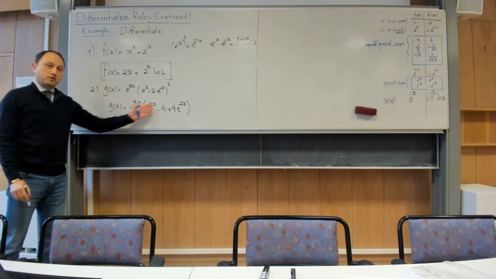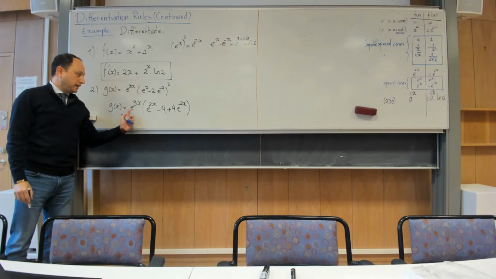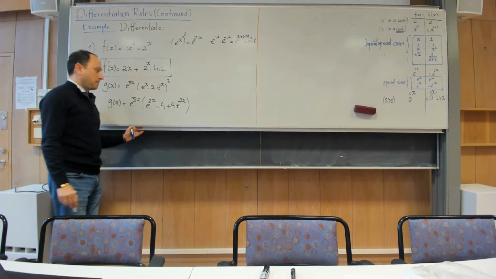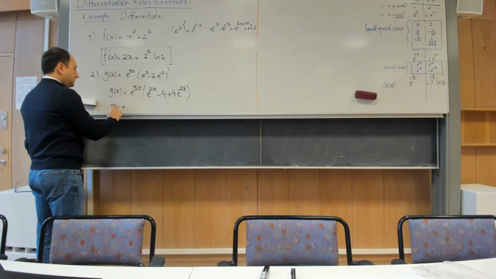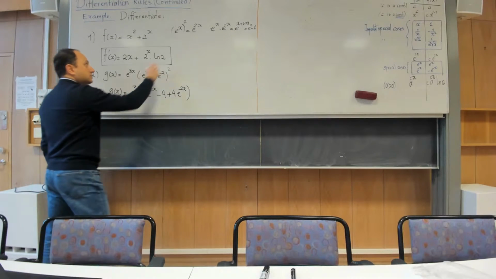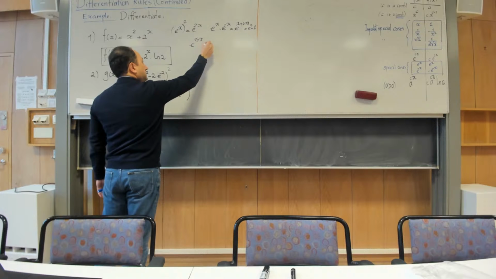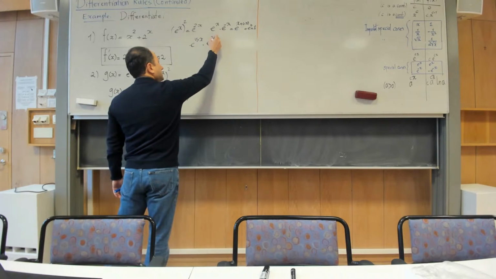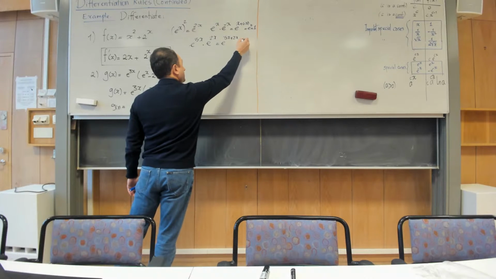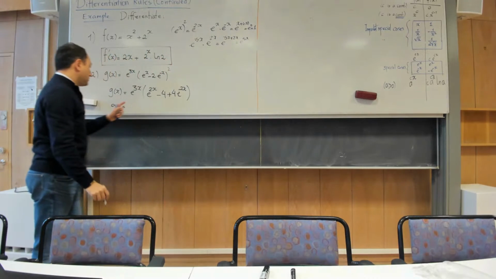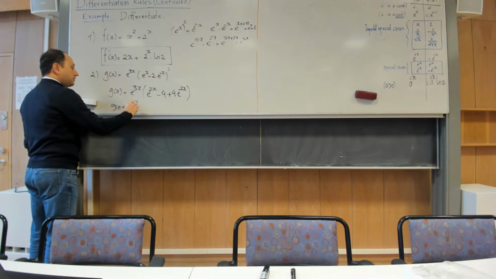But it's still a product, so I am not done yet. I have to multiply this inside. So e to the power 3x multiplied by e to the power 2x becomes e to the power 5x.